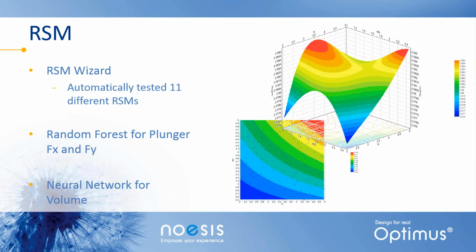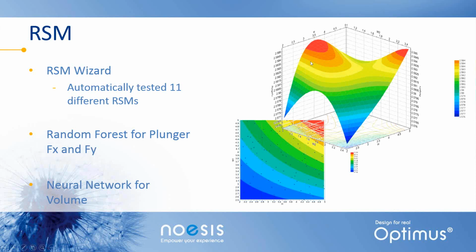And so what we found for this design of experiments was that a random forest response surface model was used for fx and fy, which you can see in the upper right, and our neural network was used for the volume calculation, which is the image in the lower left.